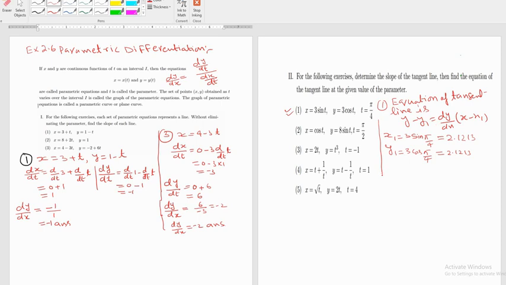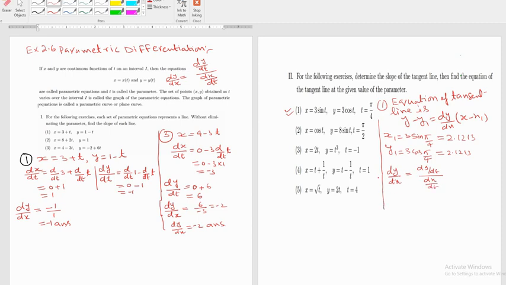Now I need the slope. Slope means dy/dx, so dy/dx is equal to dy/dt divided by dx/dt.